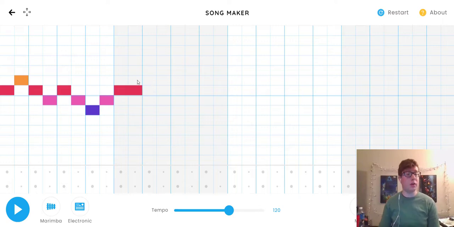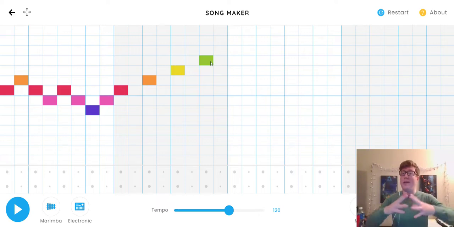So we know red goes up to orange. It doesn't matter if the orange is directly next to the red or not. It could be as far away as we want it to be, and it's still a step away. Here, each of these is still a step, no matter how far away they go.